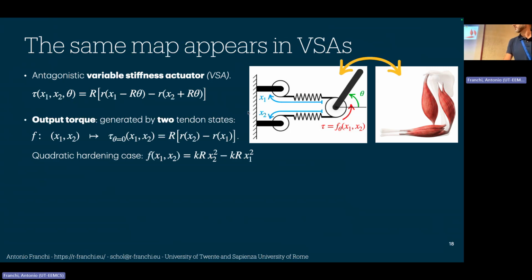And if you compute this for a specific theta, for example, 0, and you assume that, for example, the tendons are quadratic hardening type of tendons, then you get exactly the same formula that we had before of the two rotors in opposition.